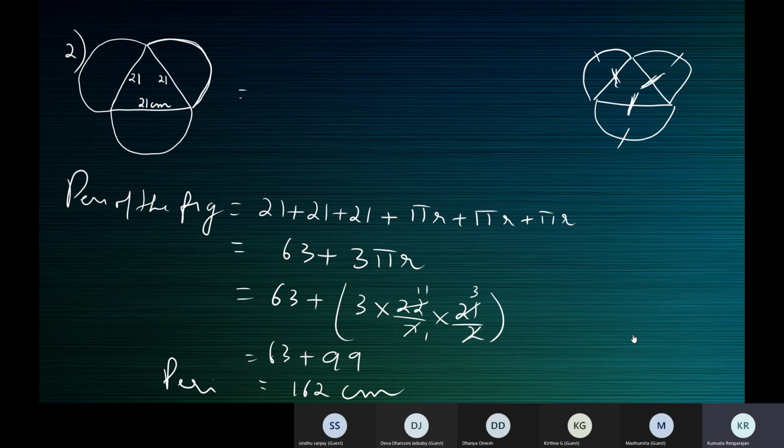Please take down this. Taken down, ma'am. Don't take a screenshot. Please complete this in your classwork now.